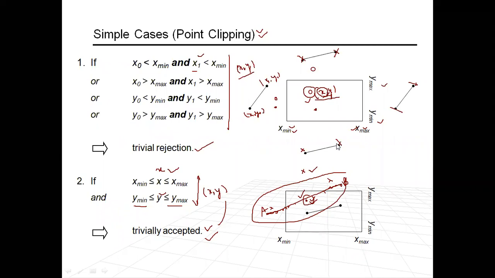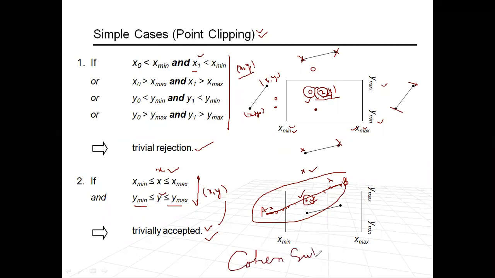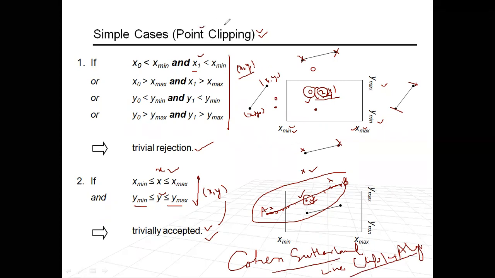So for that purpose we have another algorithm, that is called the Cohen Sutherland line clipping algorithm. To clip a line, basically we will not follow the point clipping method.